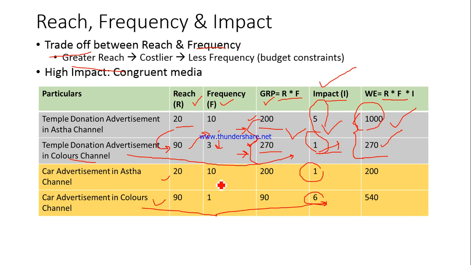On the other hand, the frequency here is 1, and we have calculated the GRPs. GRP for Astha channel is 200 while for the colors channel is 90. But what has happened now is that the impact was much greater here, and that is why the weighted exposure score is almost thrice of the score here.